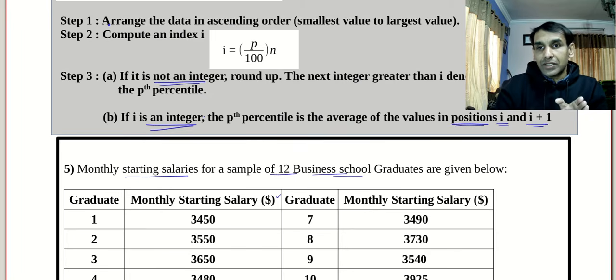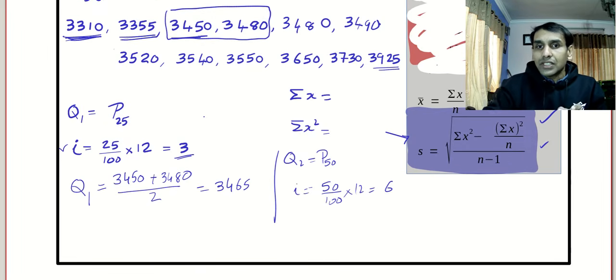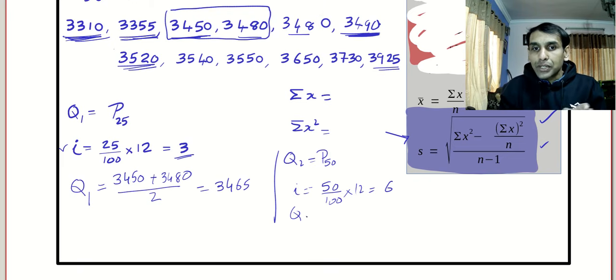It is an integer. So what is the procedure? You go for 1, 2, 3, 4, 5, 6. You go for the 6th and the 7th value and take the average. So quartile 2 will be, tell me the answer. 3490 plus 3520 divided by 2. I got 3505. Now comes quartile 3.